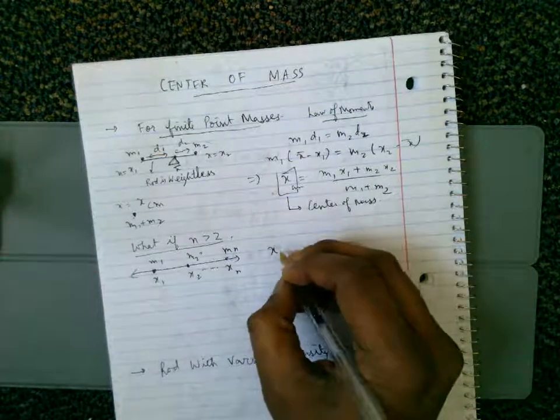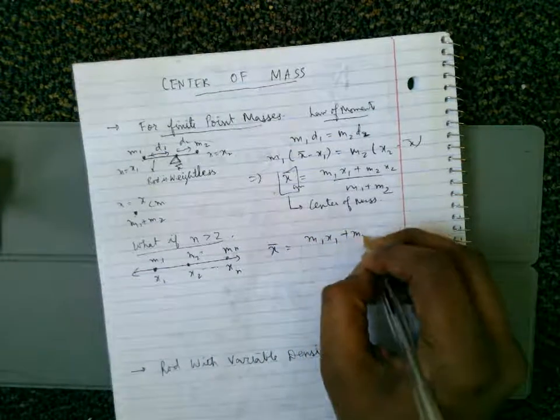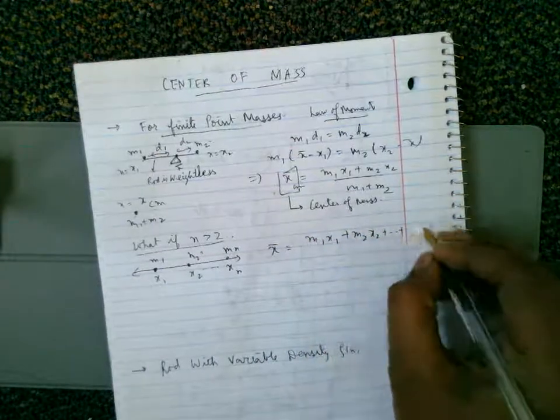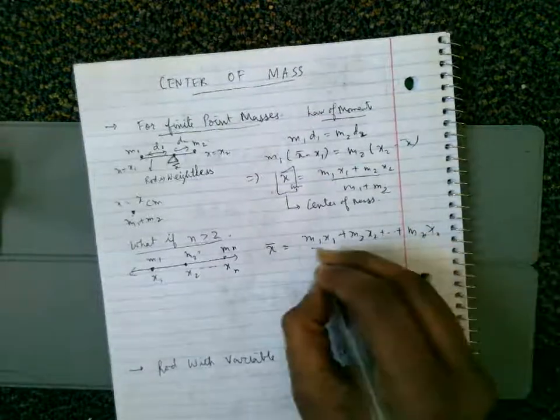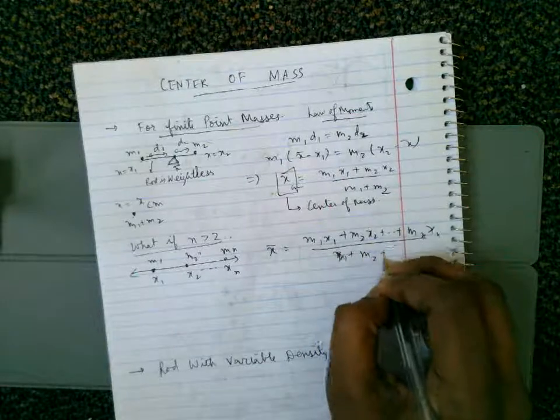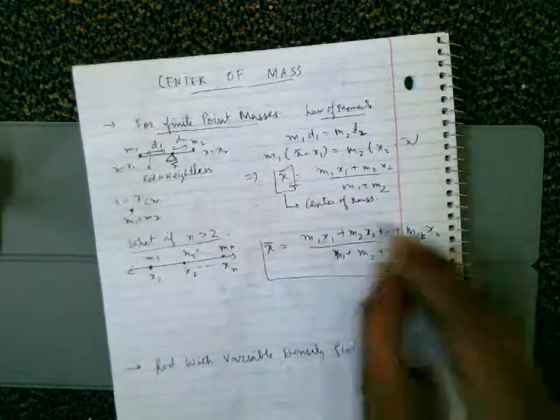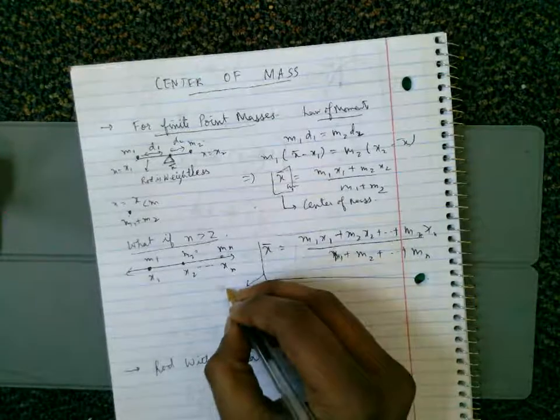Then the coordinate of the center of mass is given as m1 x1 plus m2 x2 plus and so on up to mn xn, by m1 plus m2 plus and so on up to mn. So this is the coordinate of center of mass of this system.